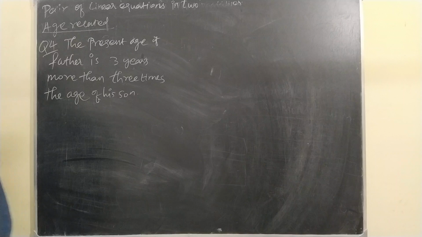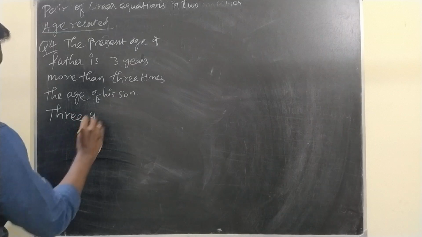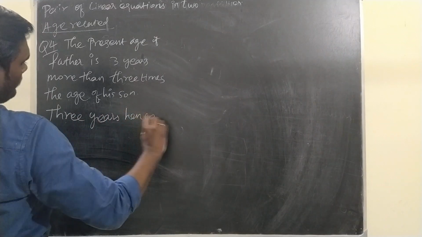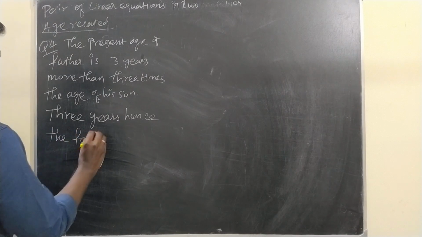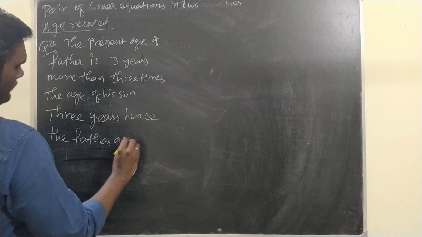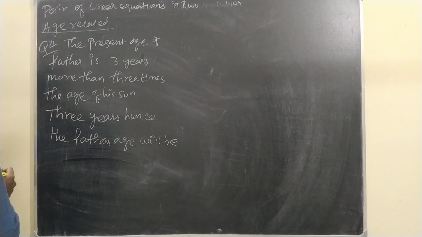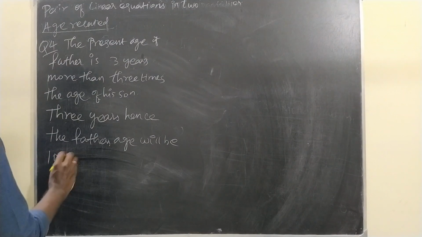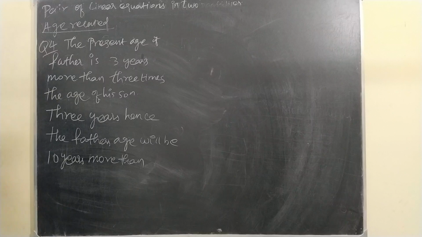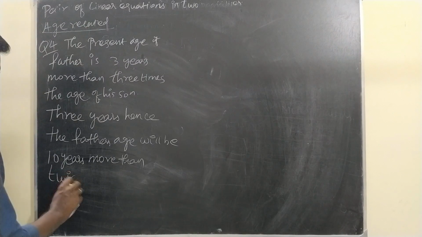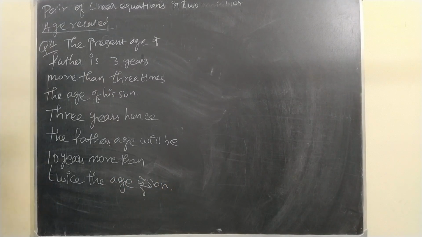If possible, you also write it along with me. 3 years hence, the father's age will be 10 years more than twice the age of the son. Find their present ages.